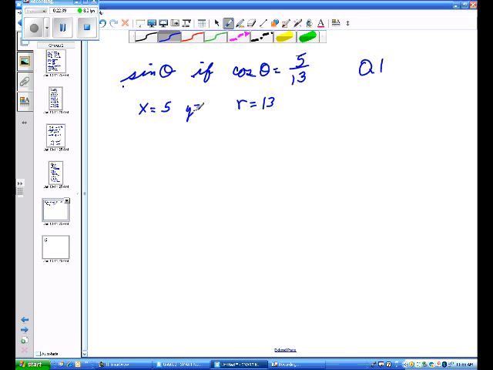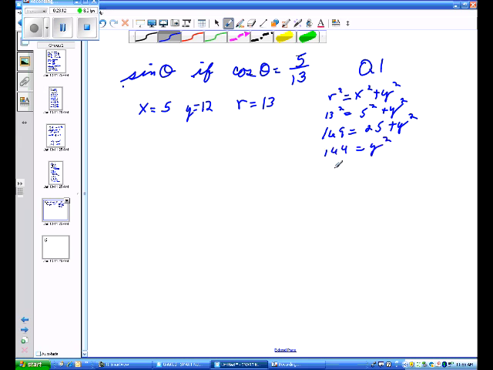Now you might remember your Pythagorean triples. We have a 5, 12, 13. Remember, the hypotenuse has to always be the longest. If you don't remember that, then you go back: r squared is equal to x squared plus y squared. So r's 13. 13 squared is equal to 5 squared plus y squared. 169 equals 25 plus y squared.